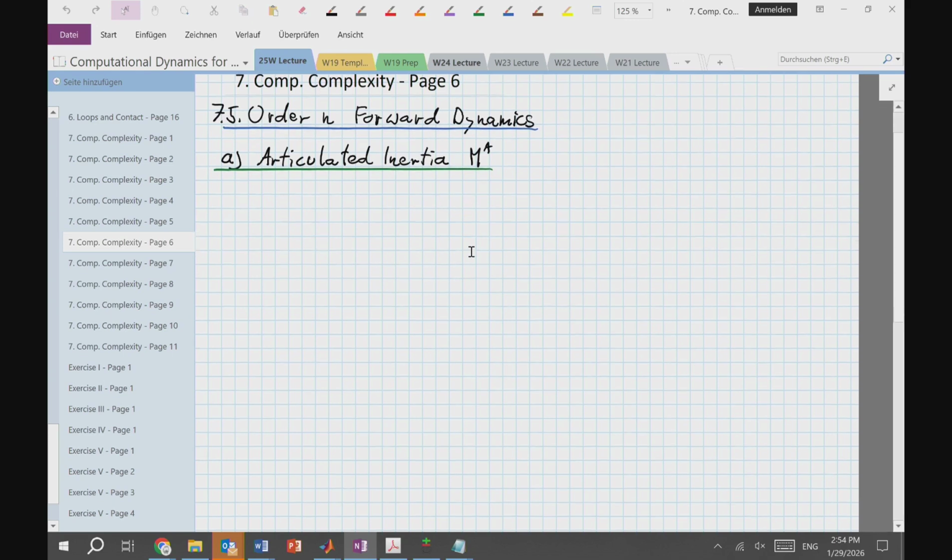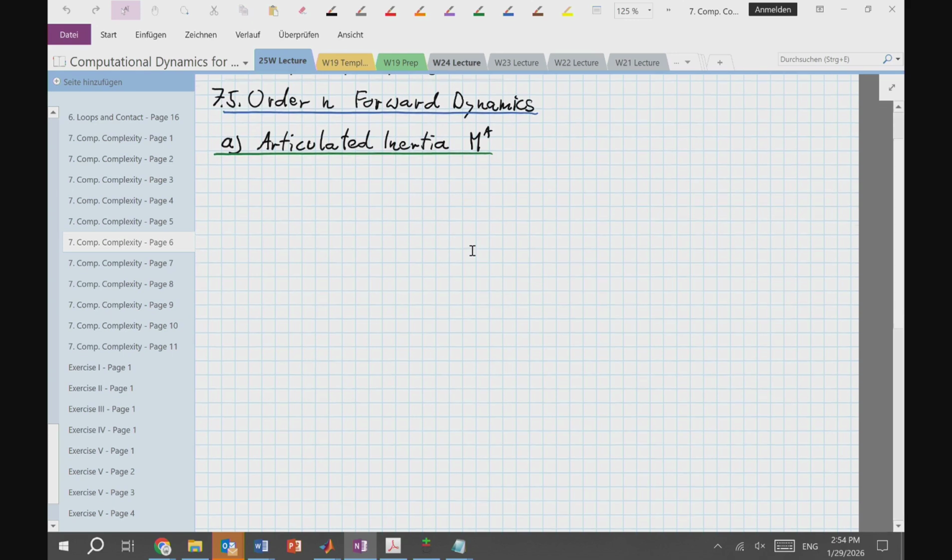And it starts with an idea that is called the articulated inertia. To imagine what the articulated inertia is, you have to go into my lab, take a screwdriver, and go to our humanoid robot and screw off its leg, and hold the leg by what used to be the hip joint.